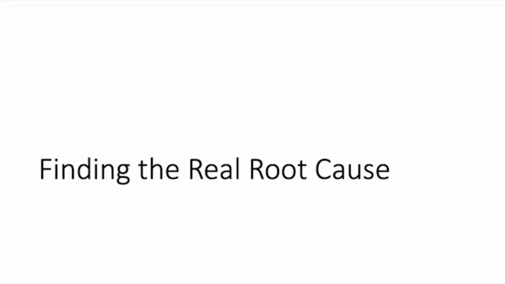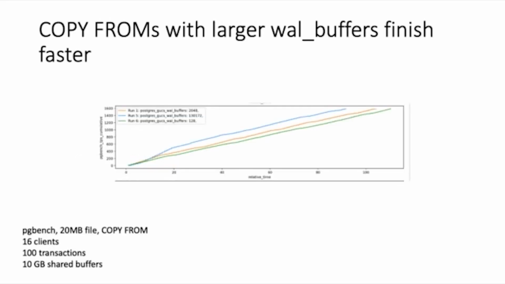Okay, so I think I have 10 minutes left. This is probably my last example. This one is about WAL buffers. This is a 20 MB file and 16 clients, again doing 100 transactions, so not for time, but for a number of transactions. And I have the WAL buffers set to 2 MB.